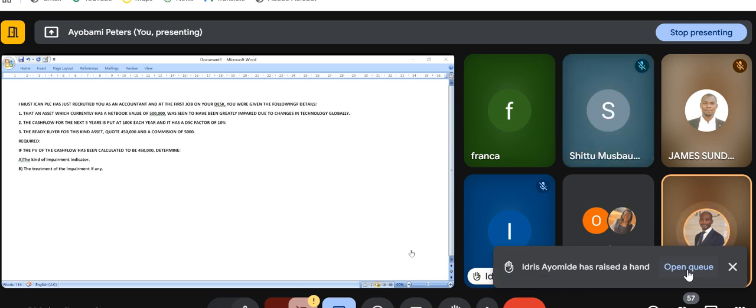So, who can tell me the process we are going to use for this kind of treatment? What kind of asset is this one? Is it a single asset or a cash generating unit asset? Ayomide, go ahead.